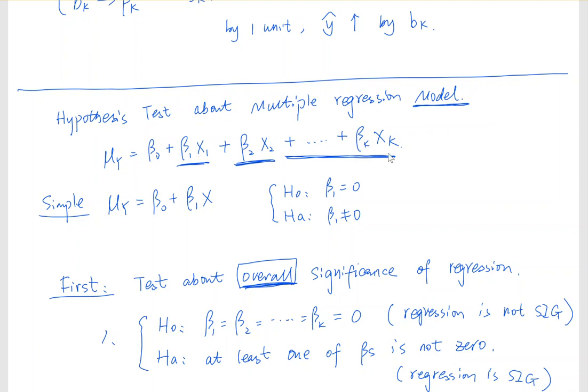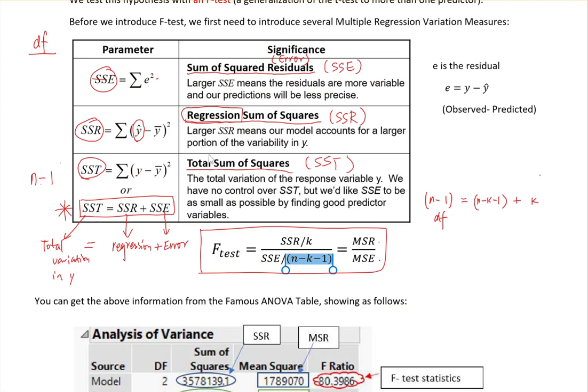We have k of them, right? So the degree of freedom for SSR is just k. And then the degree of freedom of SSE will be n minus k minus 1.